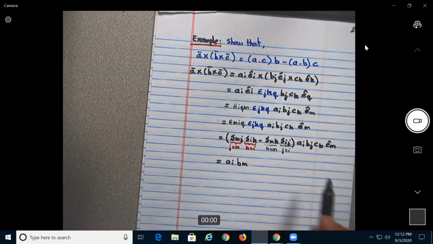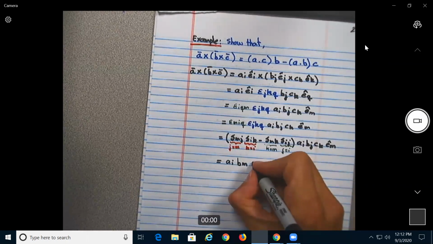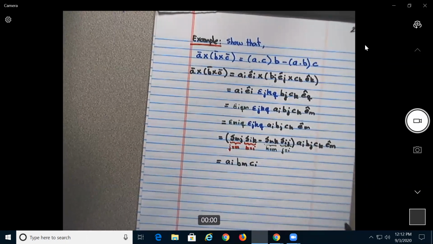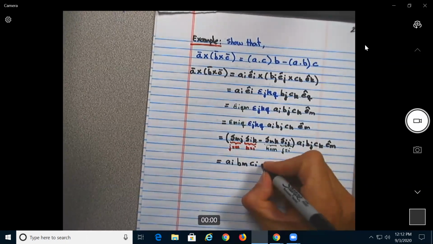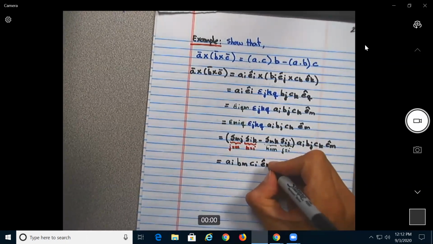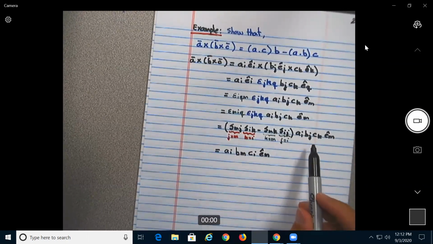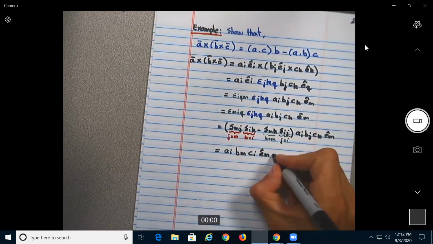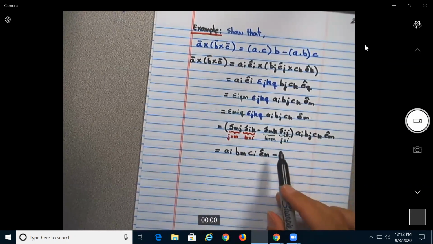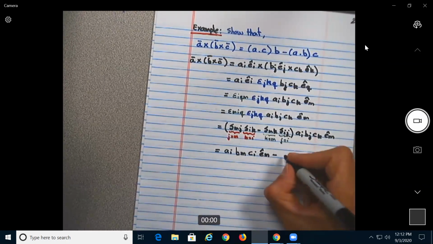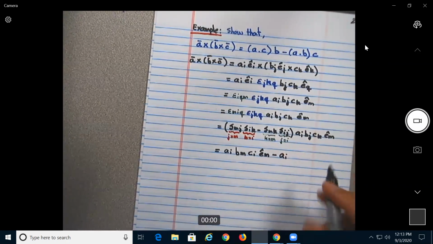All right? And we know that K needs to be equal to I, so it will be c sub I, and then we'll have here the e sub m. So that is the first term. Now the second term will be equal to what? Minus, we have a sub I again.